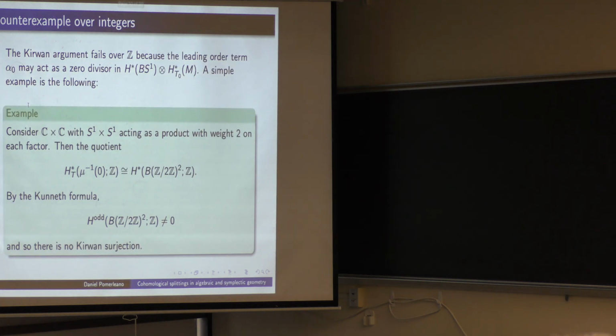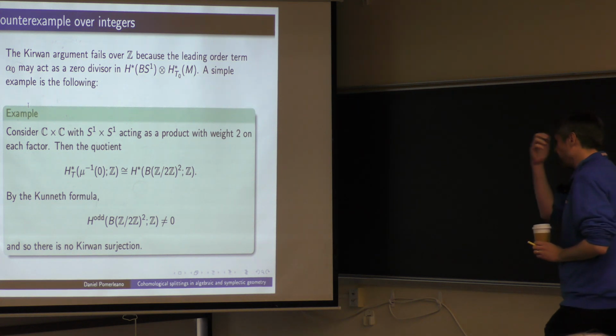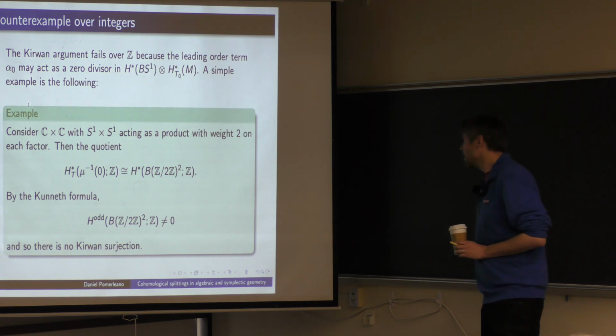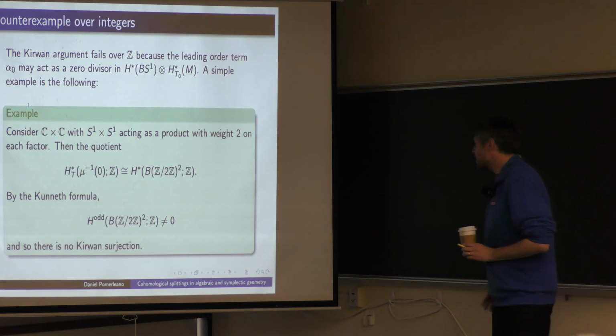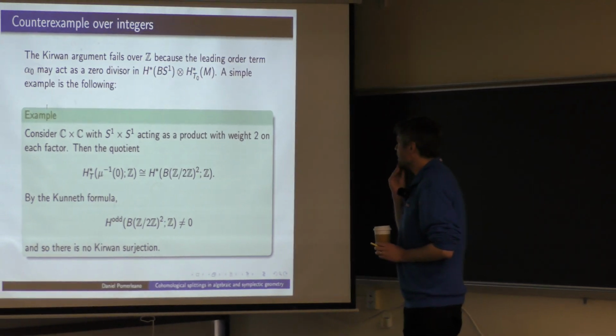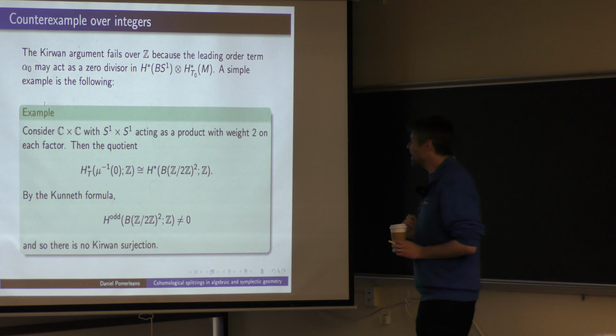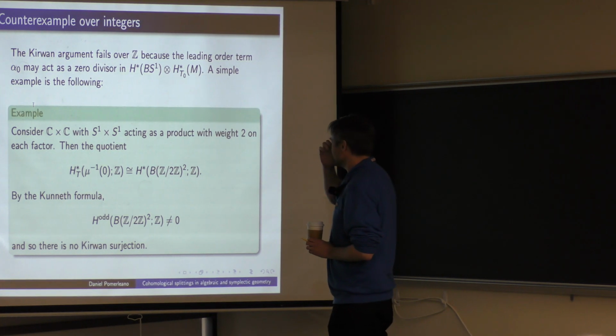So you can sort of see that this argument fails over integers, at least for Kirwan surjectivity, and the reason is that the leading order term, this alpha 0.